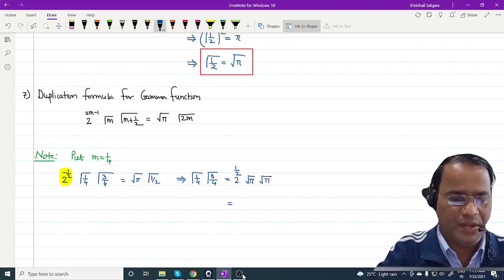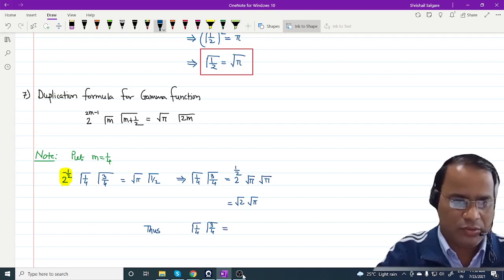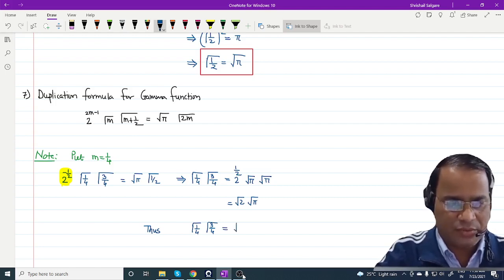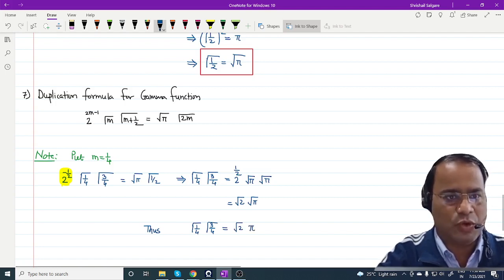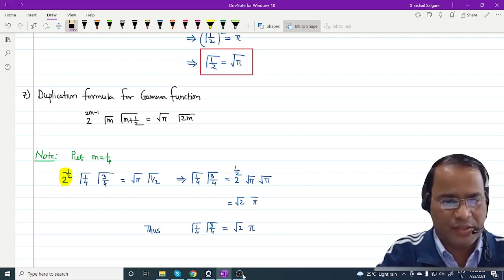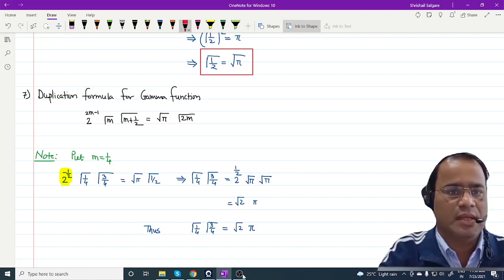If you simplify, 2 raised to 1 by 2 is root 2, so it is root 2 into pi. That means while solving an example, if you get the product gamma of 1 by 4 into gamma of 3 by 4, you have to directly replace it with root 2 pi. If I made mistakes, you should point that out. Yes, it is only root 2 pi, because root pi multiplied by root pi is pi. Very good.